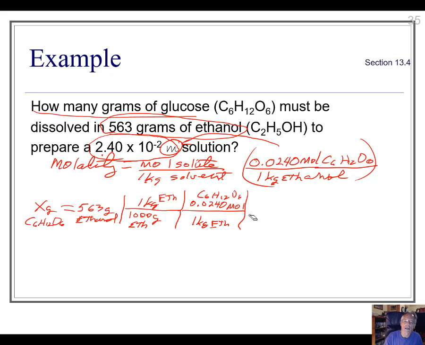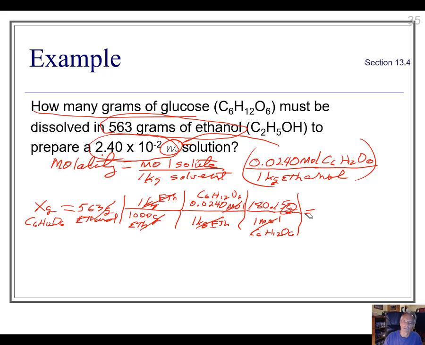And then finally, I'm going to convert moles to grams. 1 mole of C6H12O6 is, I think, 180.15 grams. I might be off by a decimal, but I think that'll work out. So we've got grams of ethanol over grams of ethanol cancel. Kilograms of ethanol over kilograms of ethanol cancel. Moles of glucose over moles of glucose canceling.